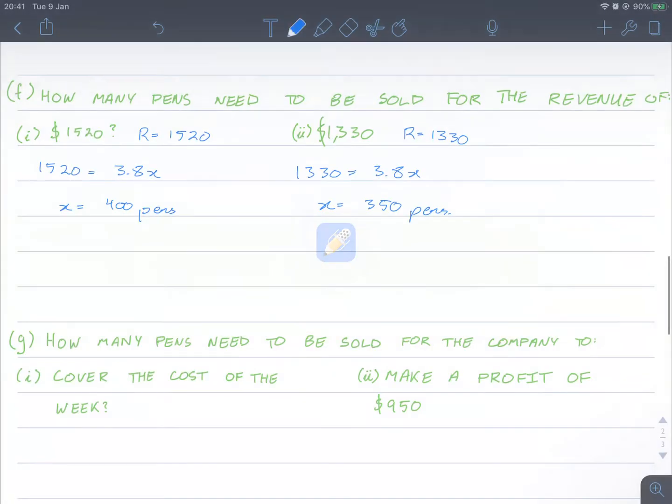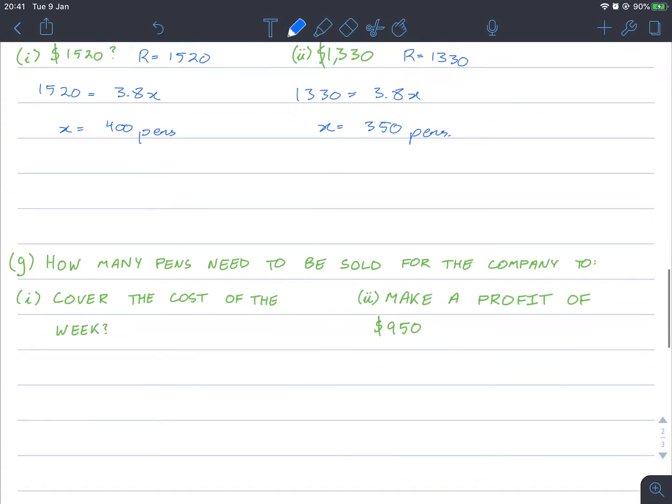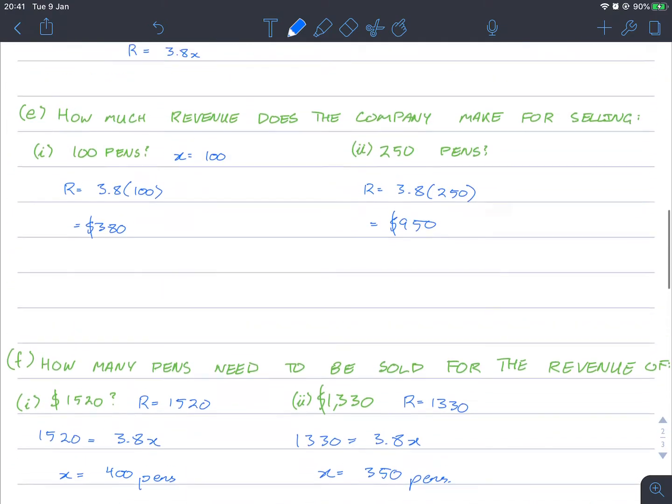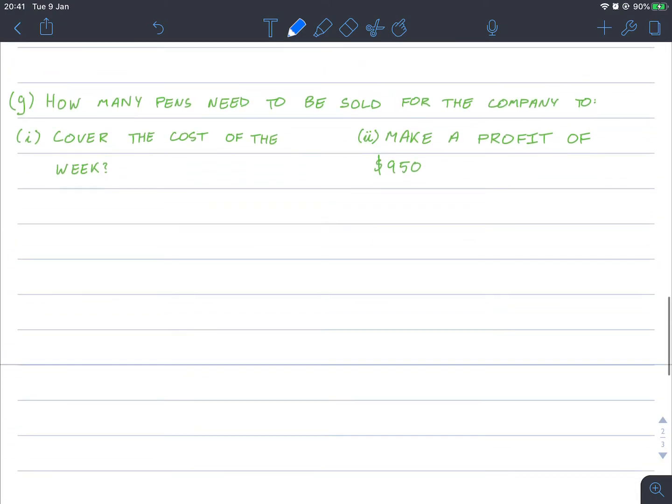Okay, now here's the question that is the crux of this video here. How many pens need to be sold for the company to cover the cost of the week? Well, if you think about it this way, it's how many pens need to be made and sold for the revenue and the costs to be the same.